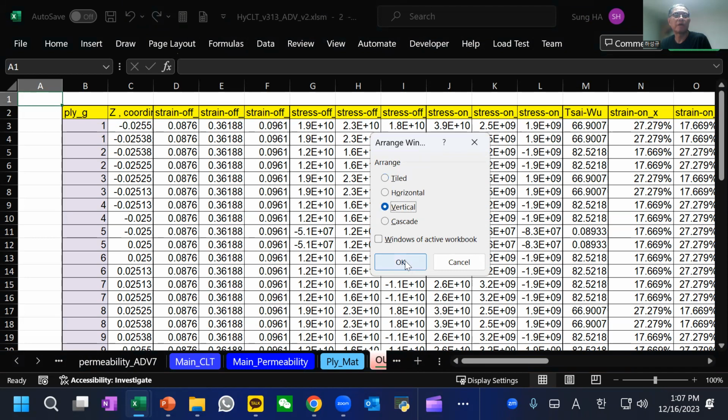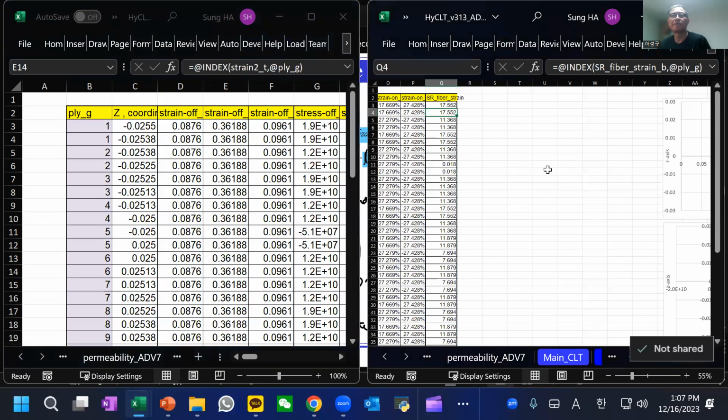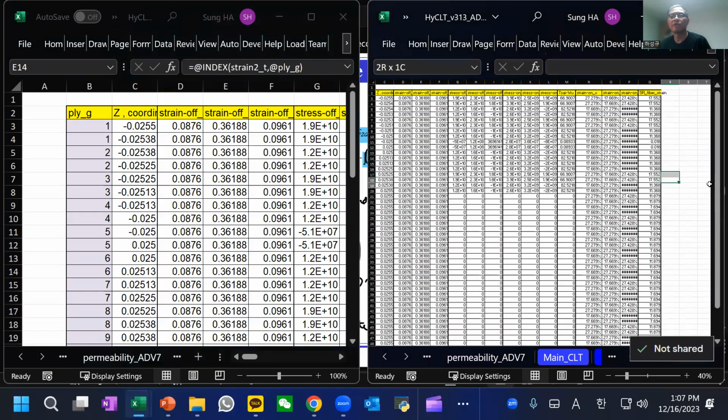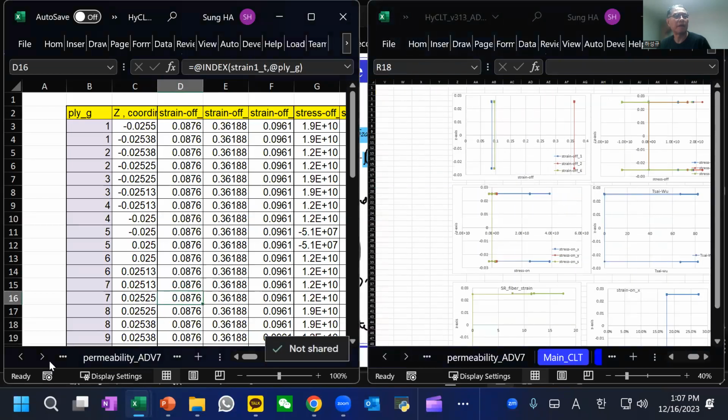Well, just arrange them side by side. This is the result, and this is the layup sequence.